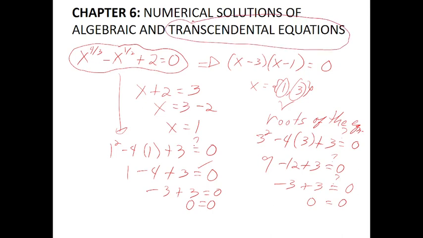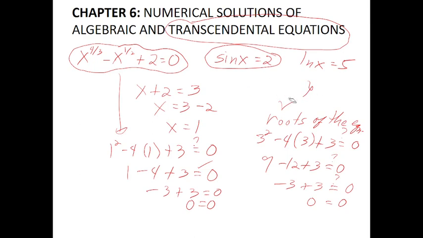So I'll give you an example of a transcendental equation. For example, if I have sine x equals 2, this is a transcendental equation. Ln x equals 5. So in this case, we are to solve for the value of x that will satisfy the given transcendental equation, or a combination.